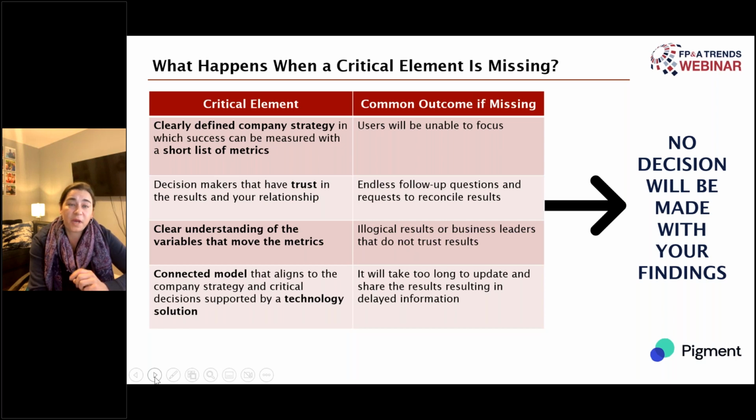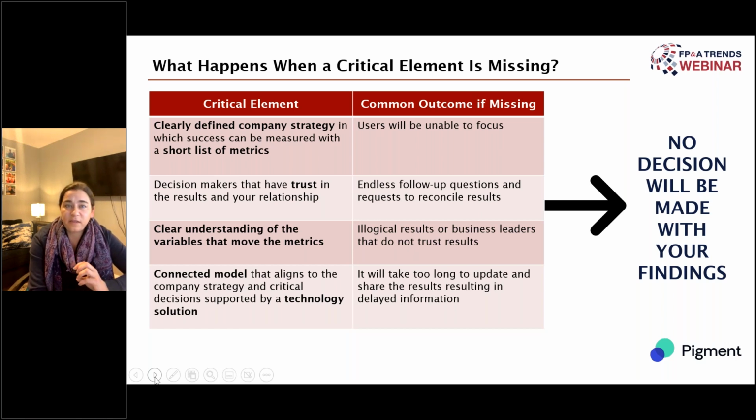Without a clearly defined strategy and a short list of metrics, both you as the model creator and planner, the owner of the planning process, and the decision makers will be unable to focus on what matters most. And I'm sure we have all experienced what a lack of trust looks like, in either the results or you.